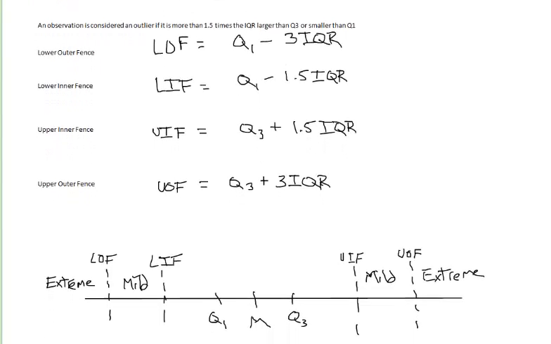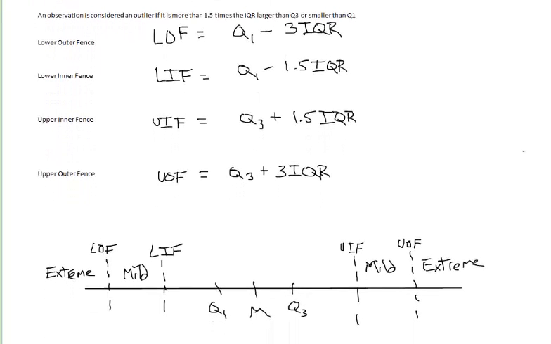So if you look down below, I have a number line that shows the mild between the upper inner fence and the upper outer fence, and the same on the other side between the lower inner fence and the lower outer fence. So everything beyond this point is considered an outlier, but if it gets further than 3 times the IQR from Q3 or Q1, we're going to consider it an extreme outlier.